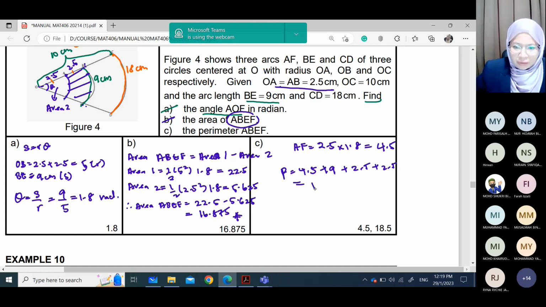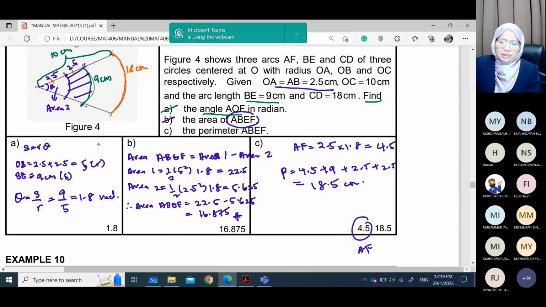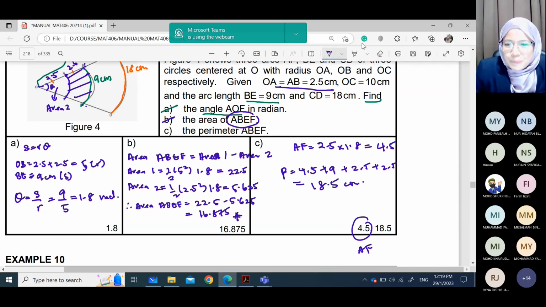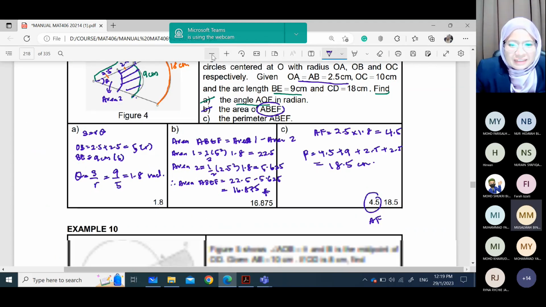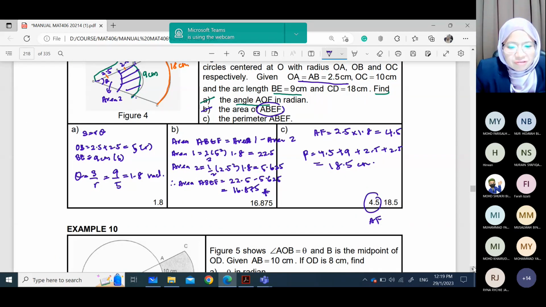Okay, 18.5 cm. Tu dia. Okay, so yang ni untuk AF, minor arc. Yang ini adalah untuk perimeter. Okay, boleh? Boleh, madam. Okay, very good.